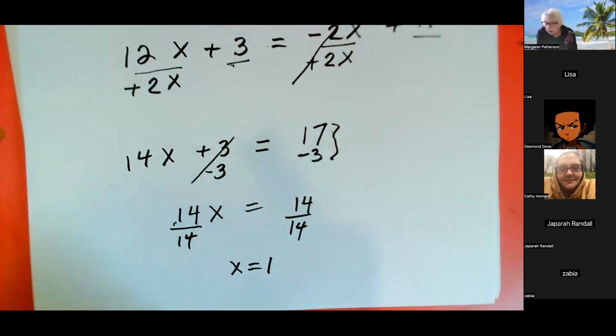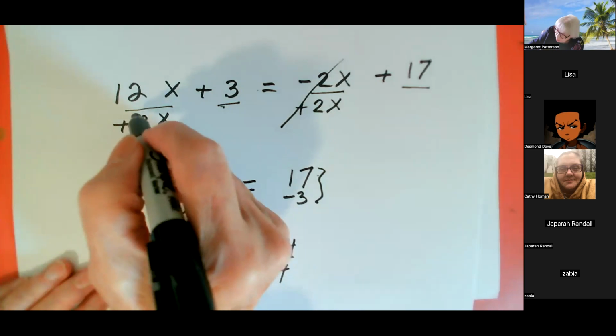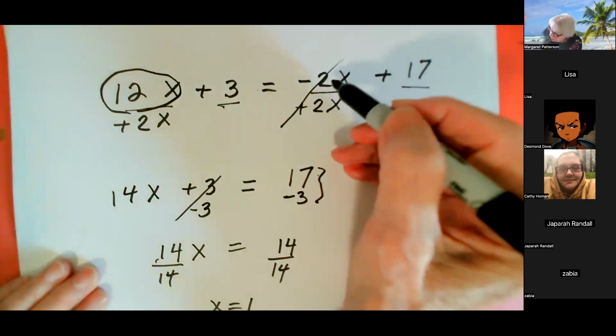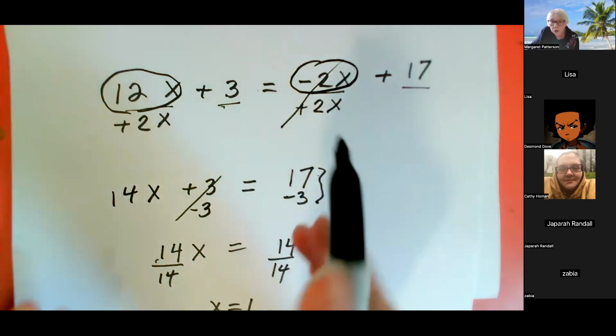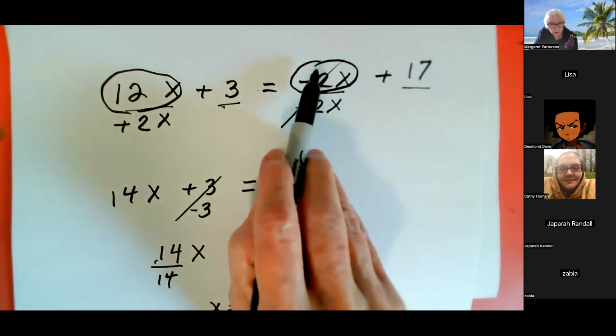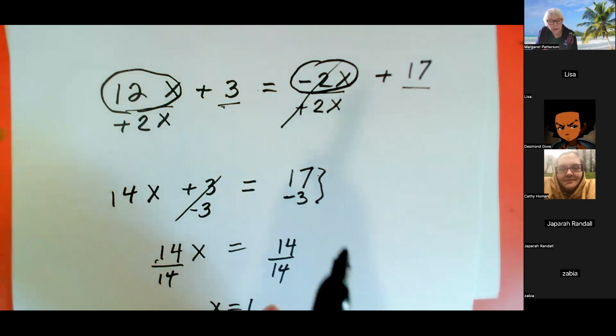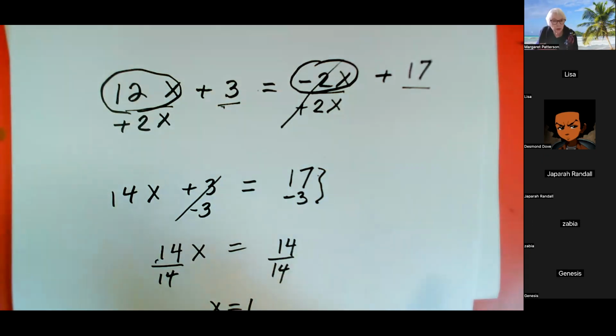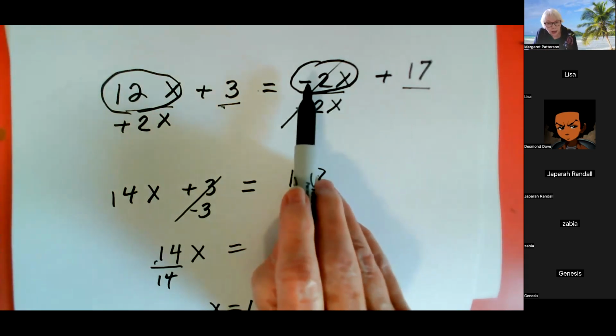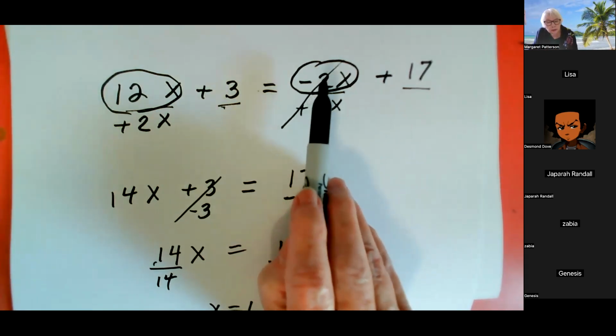Okay. So what I'm mostly focusing on is I had those two x's on opposite sides, and I want to get them both on one side or the other, and it doesn't really matter. But I'm going to move out the smaller one.